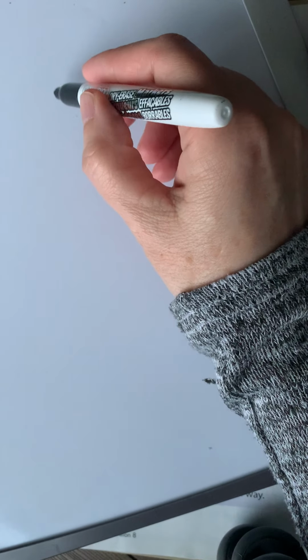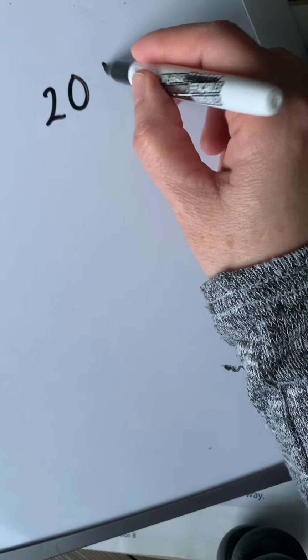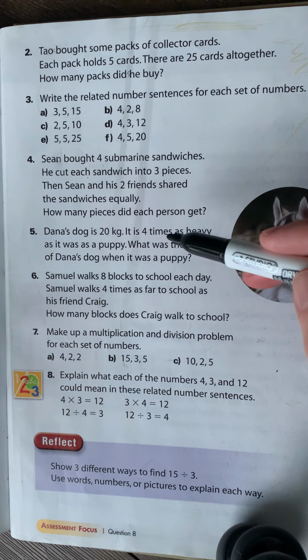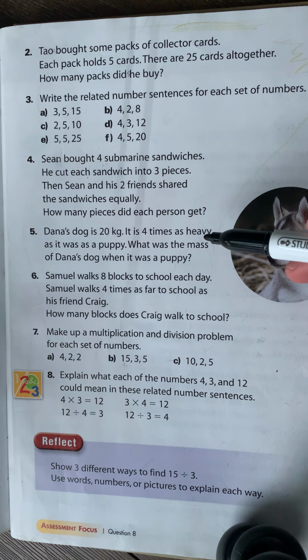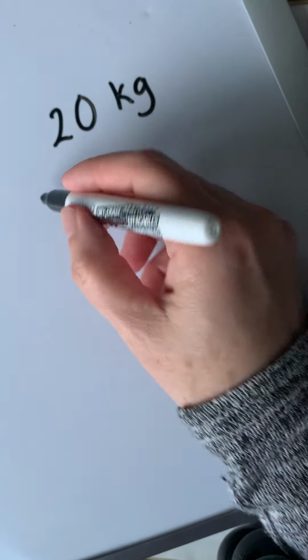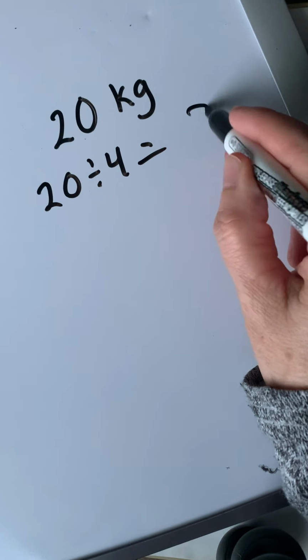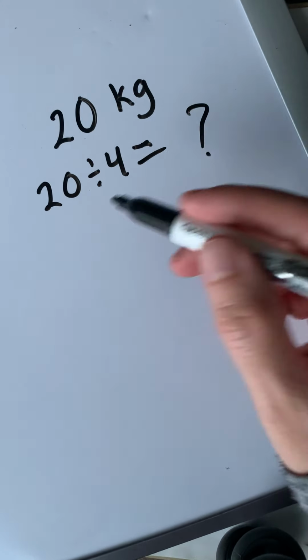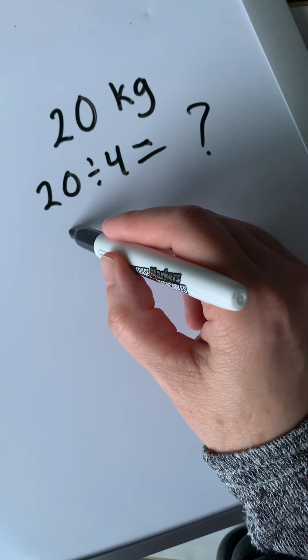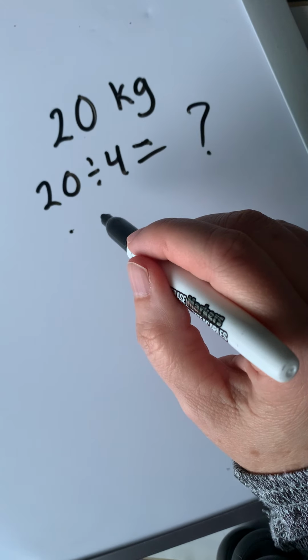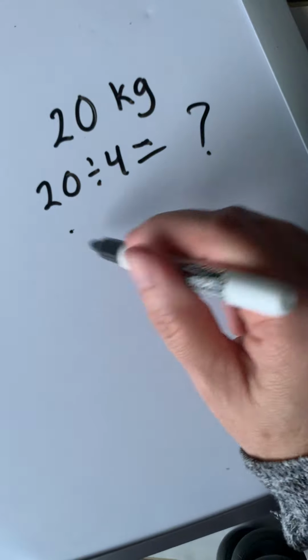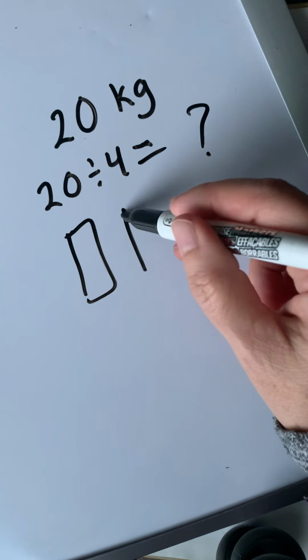The dog weighed 20 kilograms. It weighs 20 kilograms right now. And they're saying it's 4 times as heavy as it was when it was a puppy. So you could say 20 divided by 4 equals what? What does it equal? And to figure that out, you draw a picture of 20 placed into 4 groups, right?